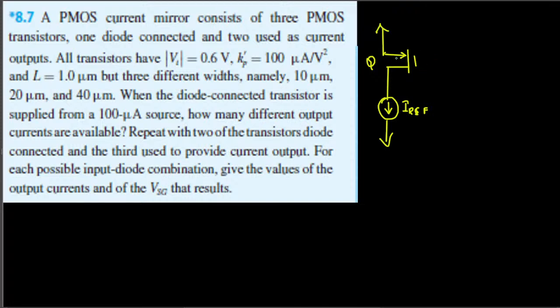And here one is diode connected, and the others act as current outputs. And these are current mirrors, so these are connected opposite like this.